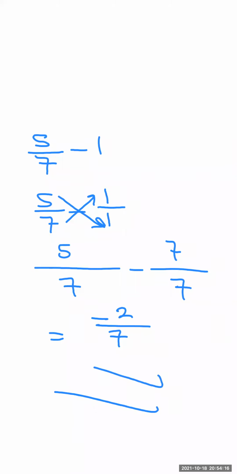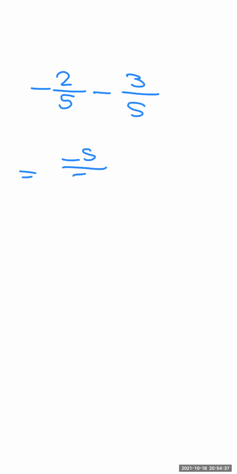Another example like that one: negative 2 over 5 minus 3 over 5. Now, negative 2 minus 3 is negative 5 over 5, so it will equal negative 1, right? Yes.